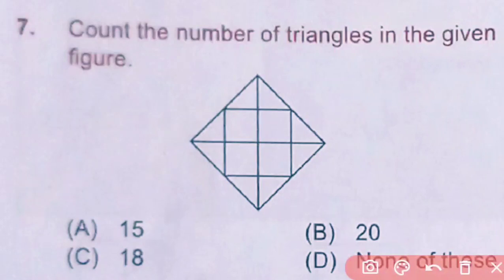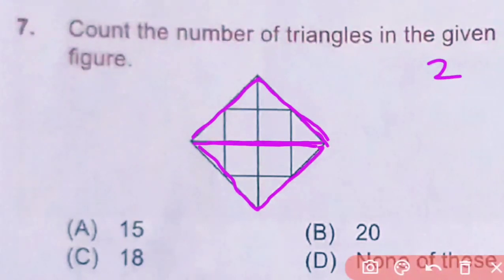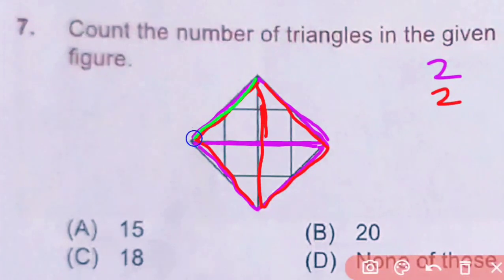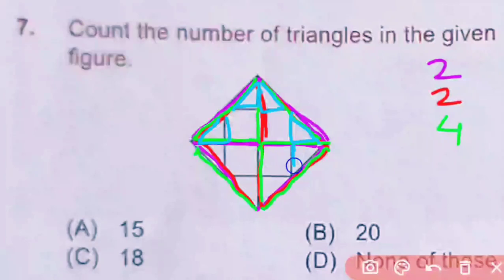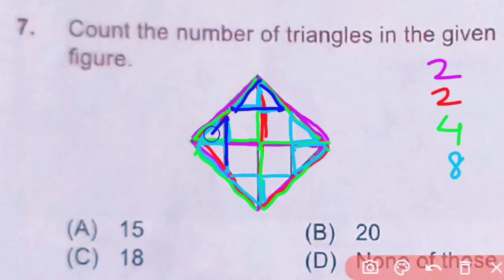We calculate first the big triangles. These two triangles, then this side two, this two, then middle four small, this four, then inside this small triangles, this total 8, then this 4 triangles.